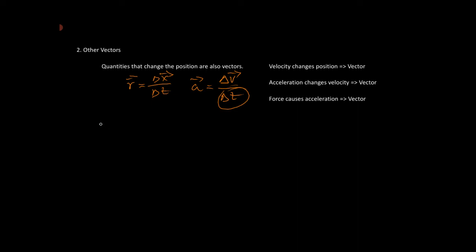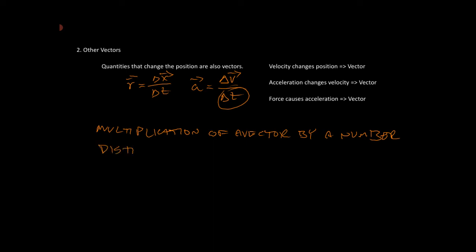So what we'll do is we'll say multiplication by a scalar distributes to all of the, what should we call those things?